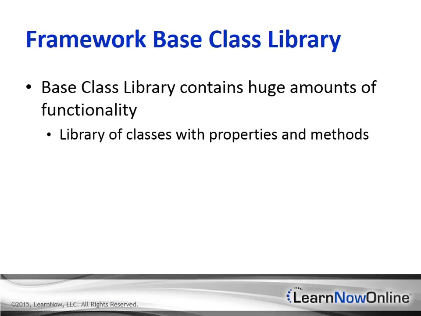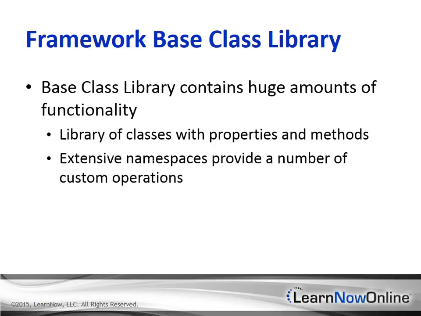The library organizes these classes into logical groups called namespaces, such that each namespace contains a group of classes, each dealing with a particular area of the .NET Framework, each with a unique name. The BCL's namespaces provide classes that encapsulate a number of common functions, such as reading and writing files, drawing graphics, working with databases, working with XML, and so forth.